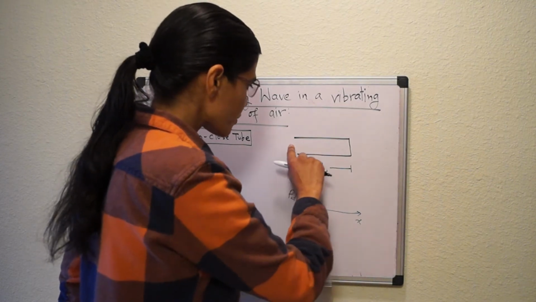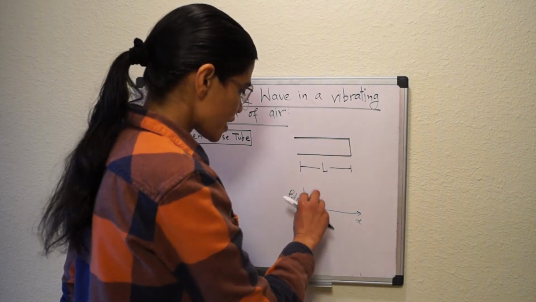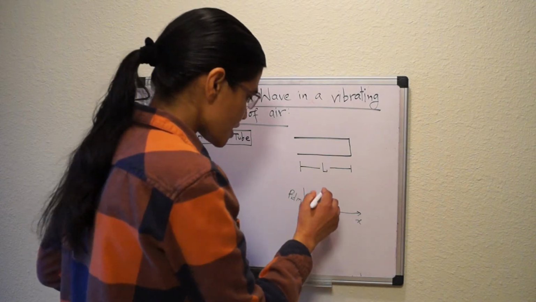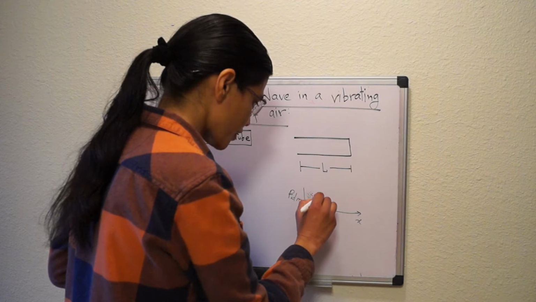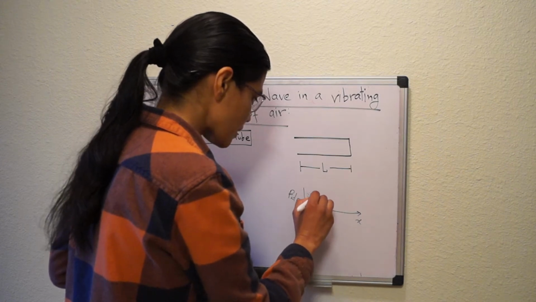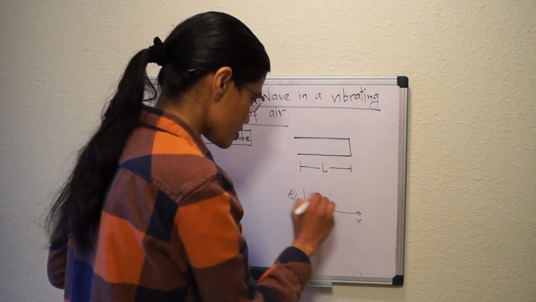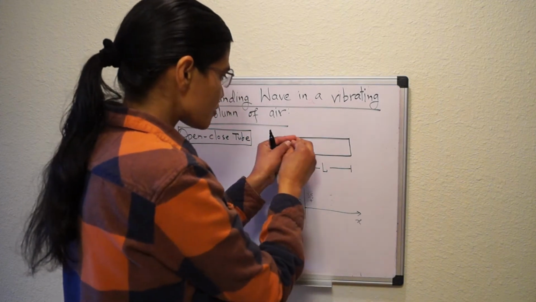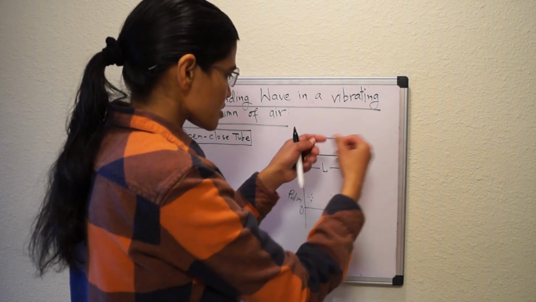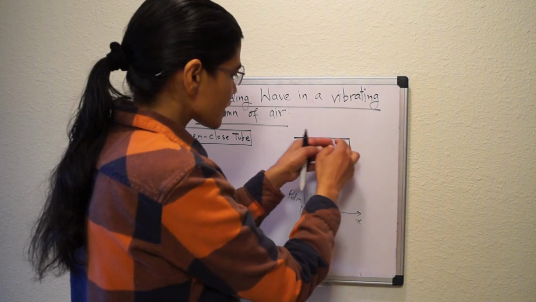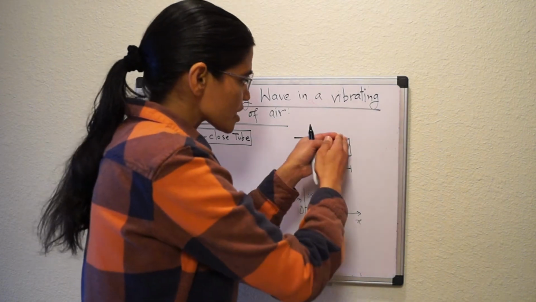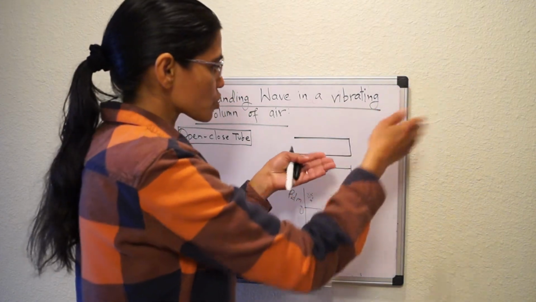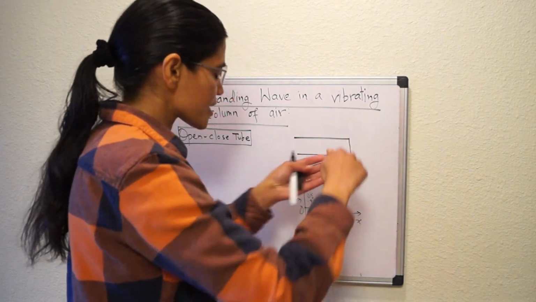The air molecules get compressed, and by the time they reach here, they also get rarefied as the wave starts to be reflected. So compression and rarefaction happen, but once the wave reaches the bottom, it has no place to go, so it has to reflect back.